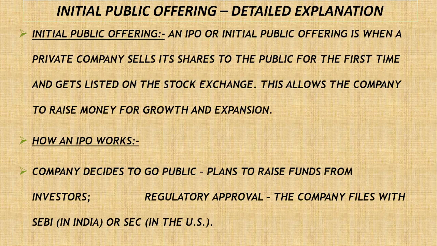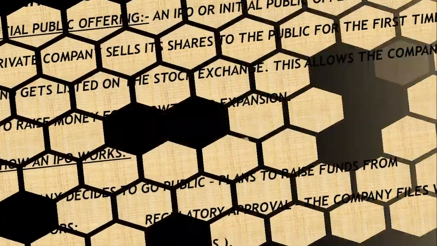Now, how an IPO works. The company decides to go public, plans to raise funds from investors. They need regulatory approvals. The company files with SEBI in India or the SEC in the US.